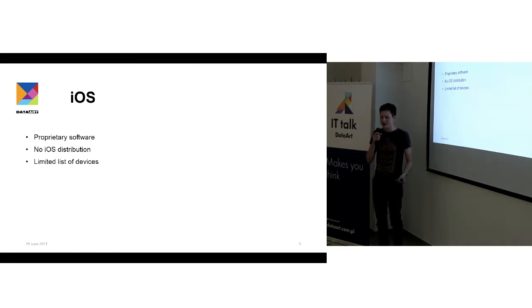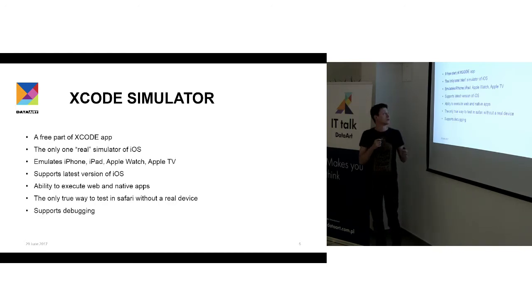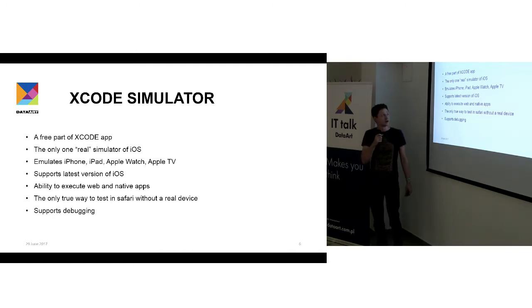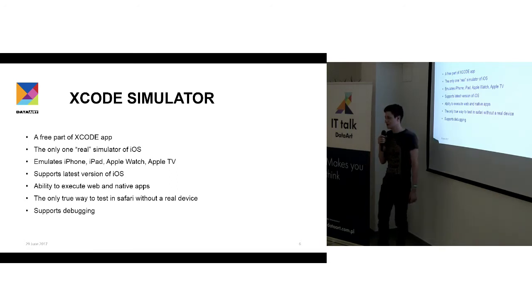It's only Apple devices, and it's Apple software that is really limited. So the answer to the question of where we can find an emulator or simulator for the iOS operating system is the Xcode application. It's most likely an application for developers.